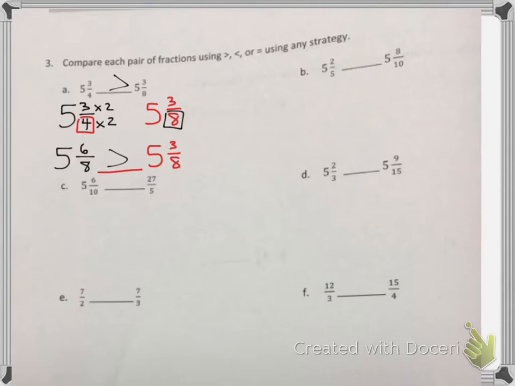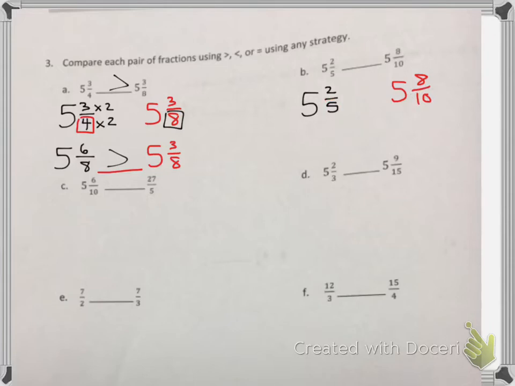So let's go into 5 and 2/5 and 5 and 8/10. Here you should see that 5 can become 10 if we multiply. So we want to change fifths into tenths.